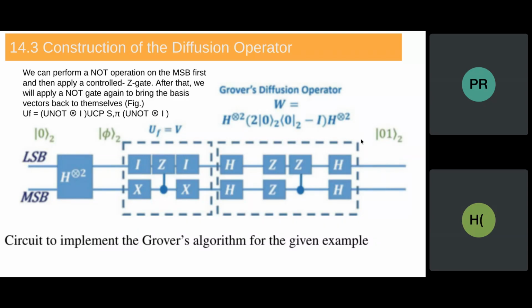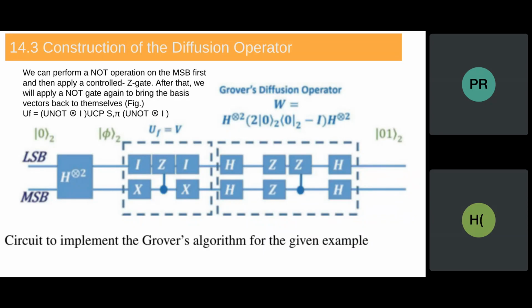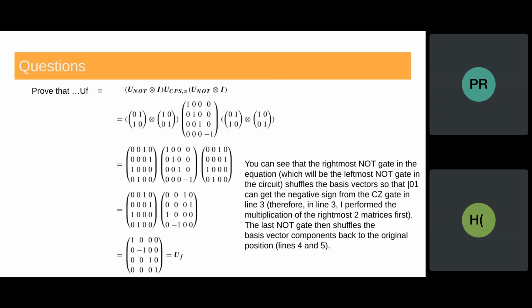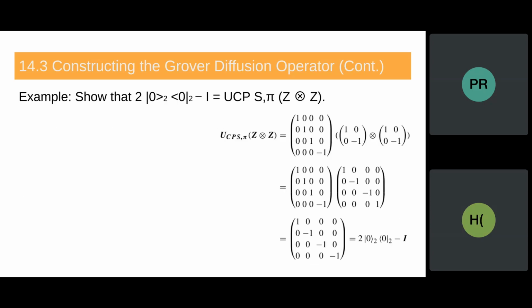Basically both sides are Hadamard, and then you are getting a control phase shift Z on the operation of the 2 theta, the phase shift by pi which we are trying to get, and this is exactly what it turns out to be. We can do it mathematically through matrices as we see here, as well as through the circuit.